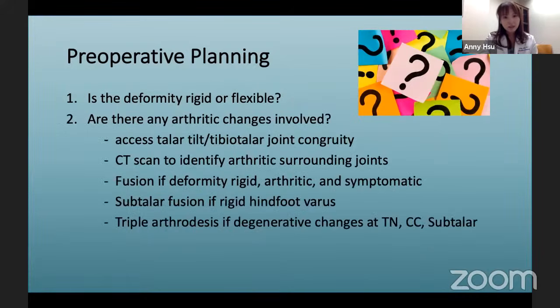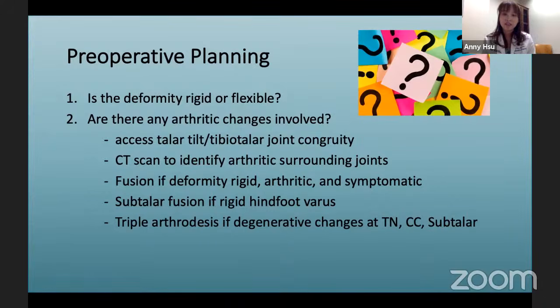The second thing to think about is whether there are any arthritic changes involved. I start with the tibiotalar joint and look at the joint congruity to assess for any talar tilt. With the hindfoot, sometimes it's difficult to assess, so I would obtain a CT to see if there's any pantalar joint arthritis involved.